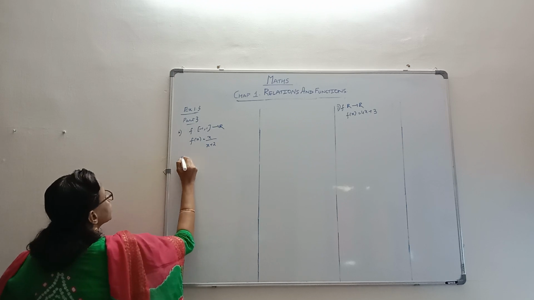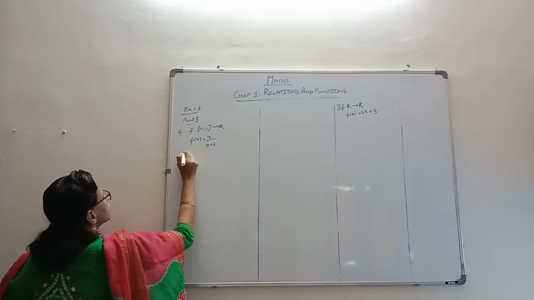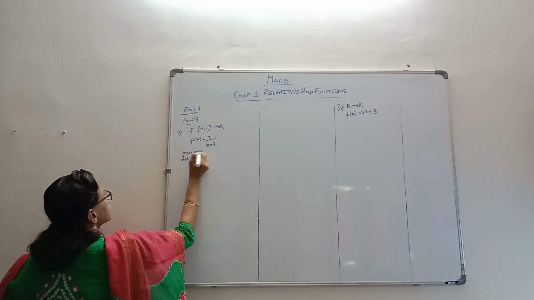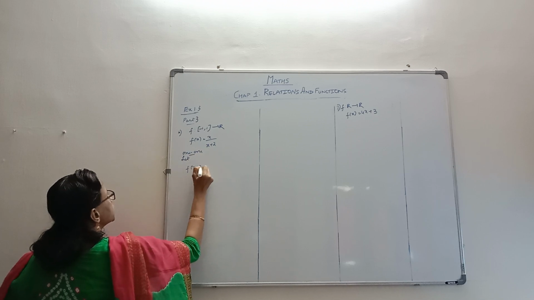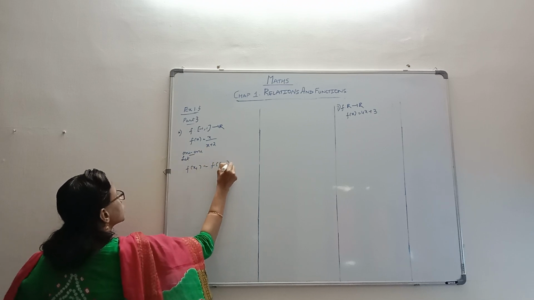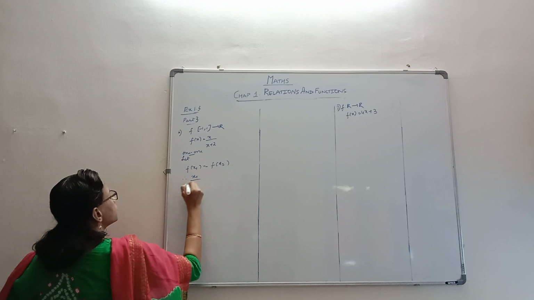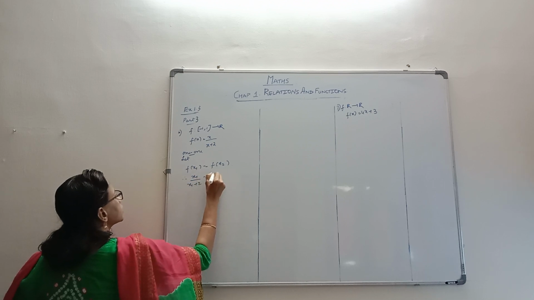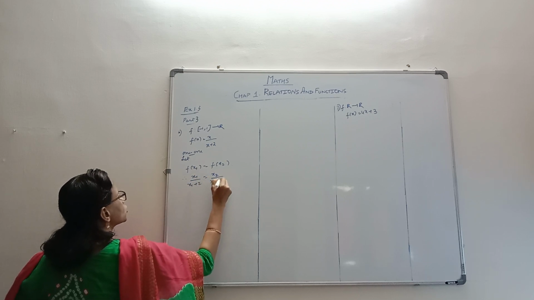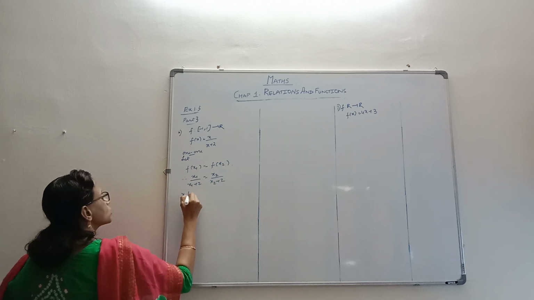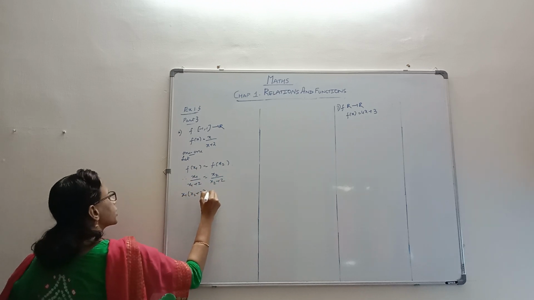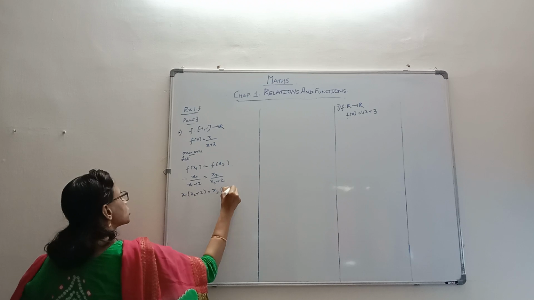So, for 1 to 1, let f of x1 be equal to f of x2. That means x1 by x1 plus 2 is equal to x2 by x2 plus 2. We cross multiply: x1 times x2 plus 2 equals x2 times x1 plus 2.